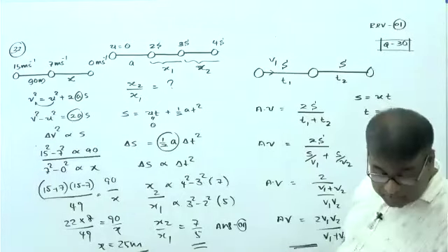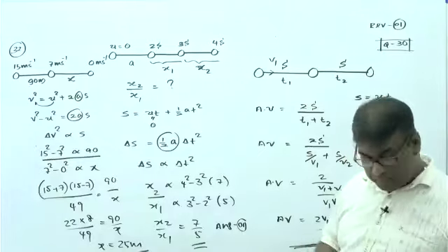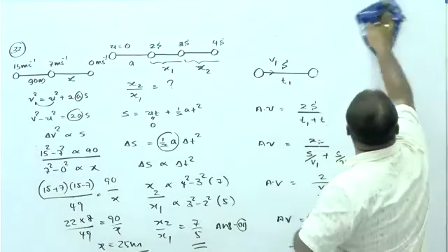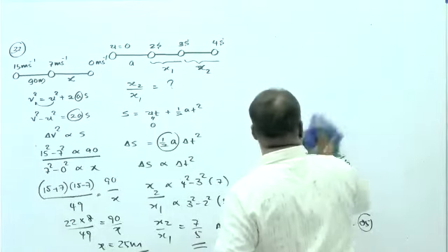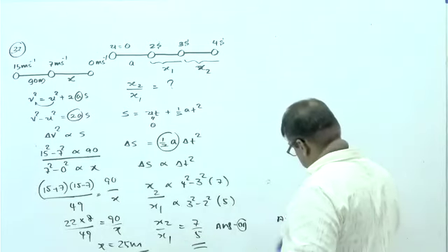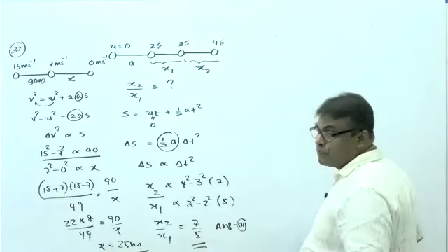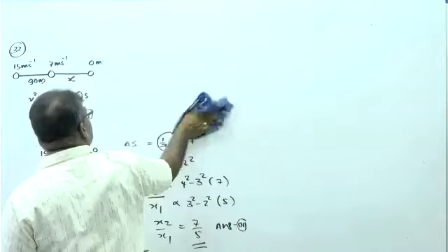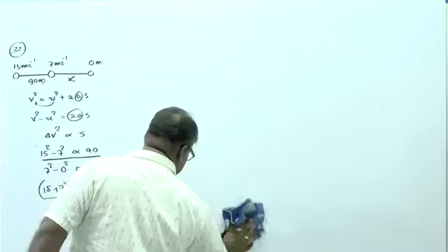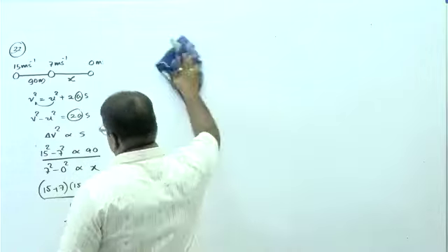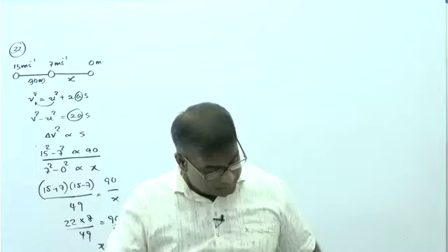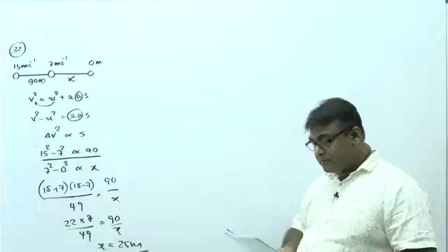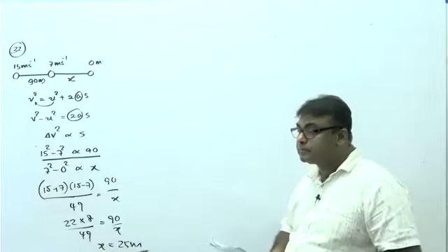Okay, let's start number 33. A body starts from rest with uniform acceleration.